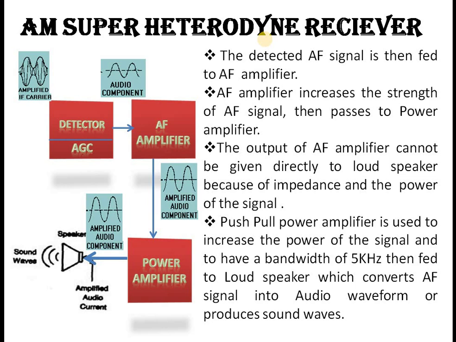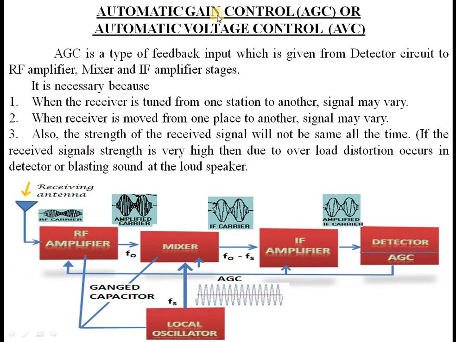Now let us see what is the importance of this AGC. AGC is also called automatic gain control or automatic voltage control. Normally receivers means radios or mobile phones which have FM radios, and we have come across many times when we are using these things, when we move this receiver or when we tune this receiver from one station to another station, while tuning is done, the signal strength may vary.